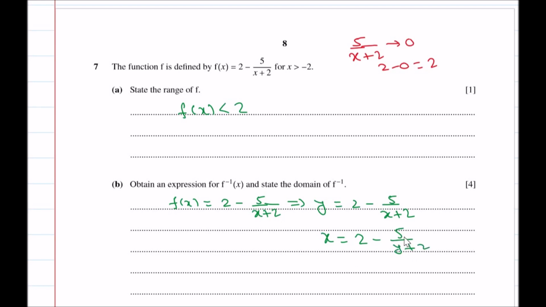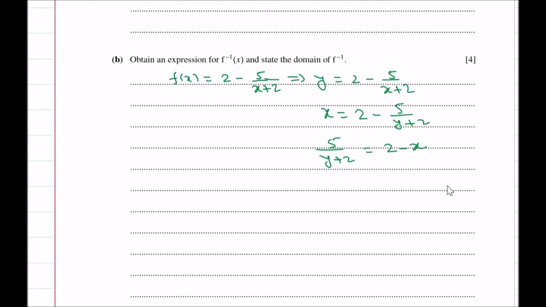Now let me shift 5. This is negative, so I will be shifting this side so that it will be positive. So 5 by y plus 2 is equal to 2 minus x. I shifted x to the right side and minus 5 by y plus 2 to the left side so that it becomes positive. Now swap y plus 2 with 2 minus x. So we get 5 by 2 minus x is equal to y plus 2.